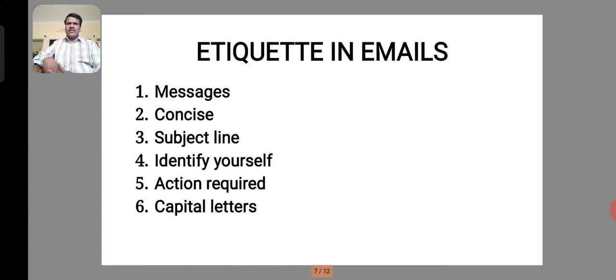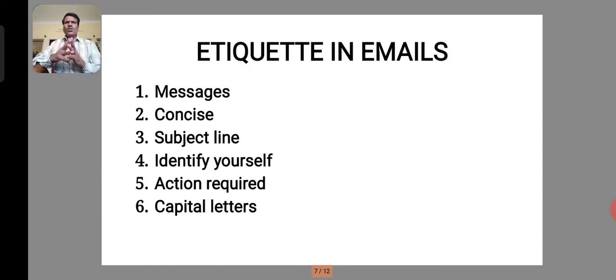Concise. Make sure that emails you write are brief and to the point. Also make sure that they do not contain spelling and grammatical errors. Subject line. Make sure the subject line is clear so that the recipient knows what the email is about. Identify yourself.